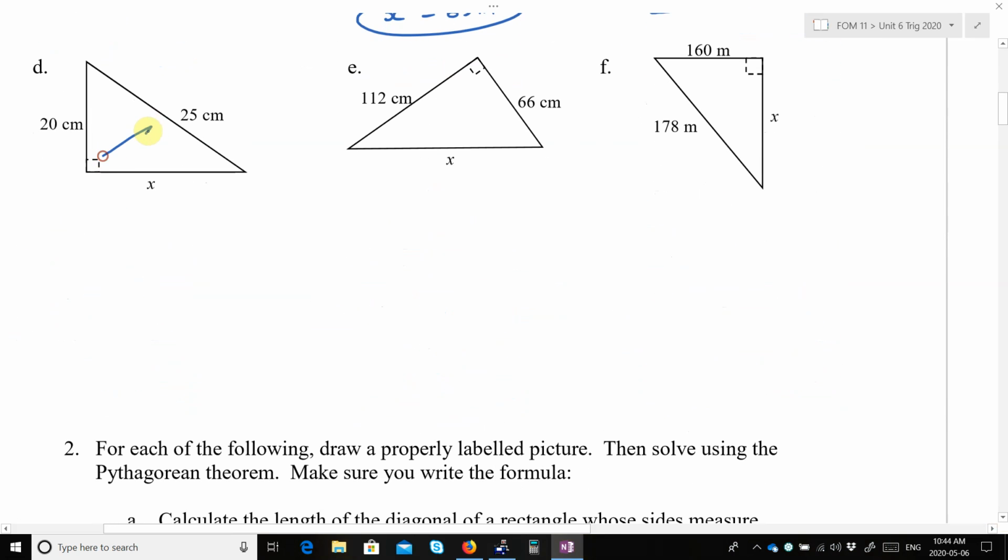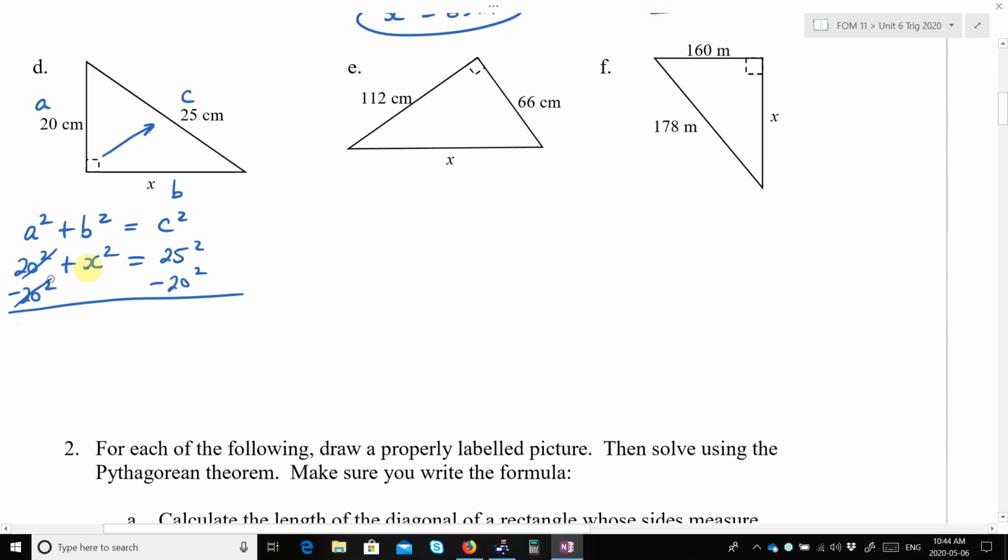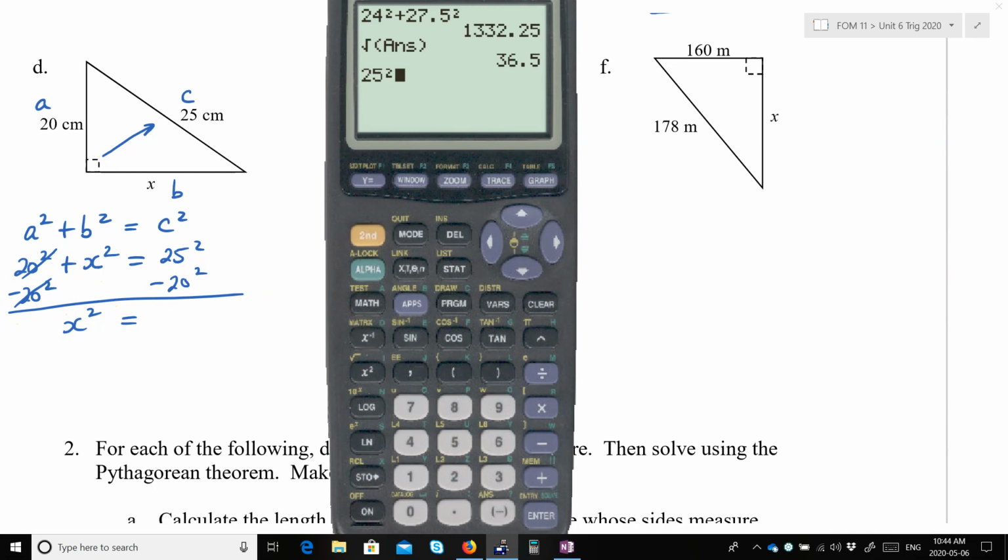All right, letter D, across from the 90 is C, so we can label this A and this B. This time I'm going to go A squared plus B squared equals C squared so that I have the unknown letter on the left. 20 squared plus X squared is equal to 25 squared. To get X squared by itself, we subtract the 20 squared. 25 squared minus 20 squared is 225.